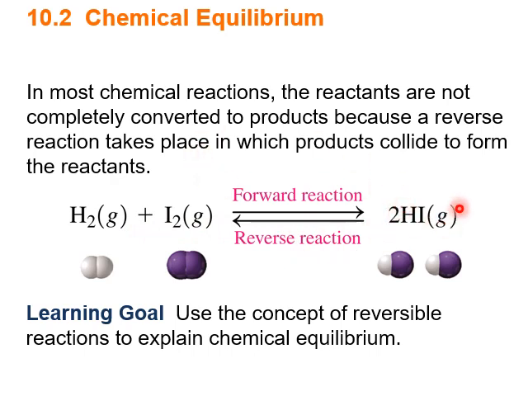If we turn this around, we could have had hydrogen iodide as the reactant, forming H2 and I2, hydrogen and iodine, as the product, if we just reverse that reaction.